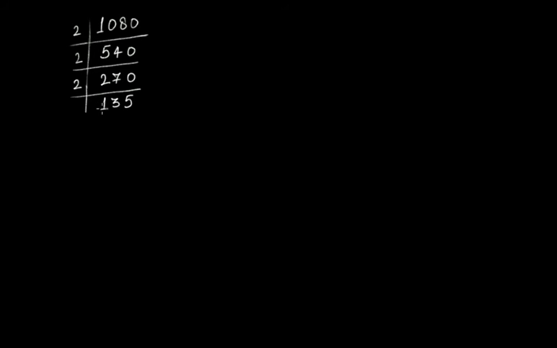What about 3? To check the divisibility by 3, you know that if you add all the digits and the sum of those digits is divisible by 3, then that number is divisible by 3. If you add 1 plus 3 plus 5, this will be 9. Since 9 is divisible by 3, this number is divisible by 3.